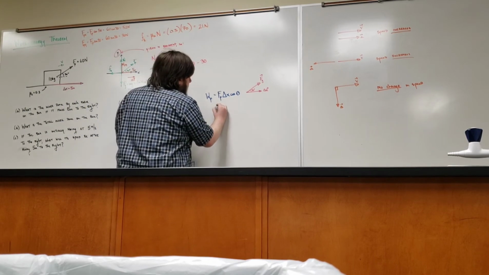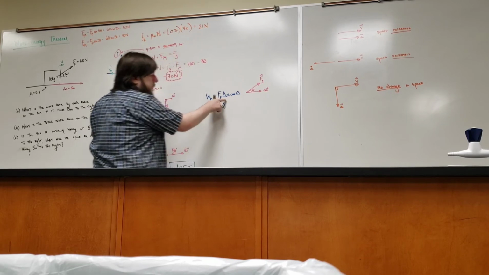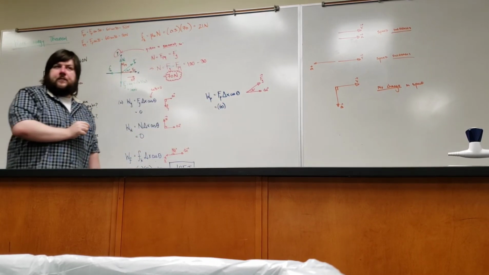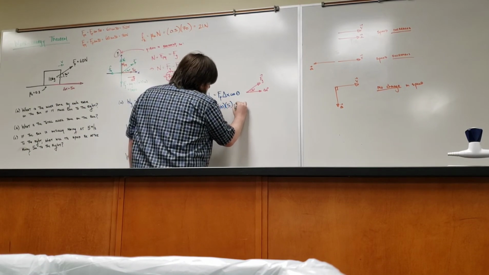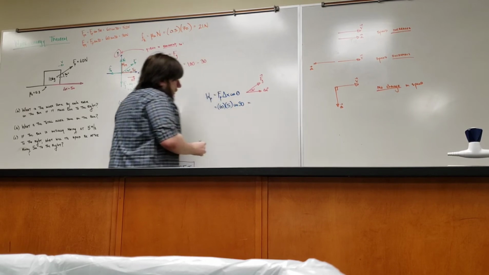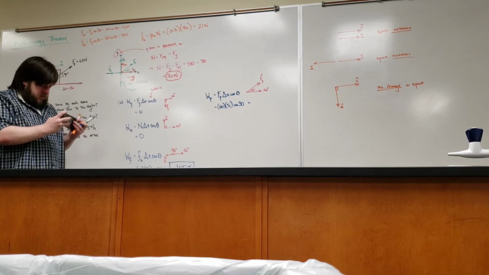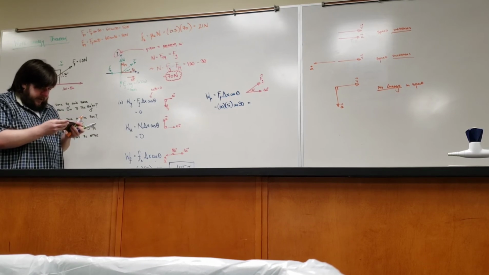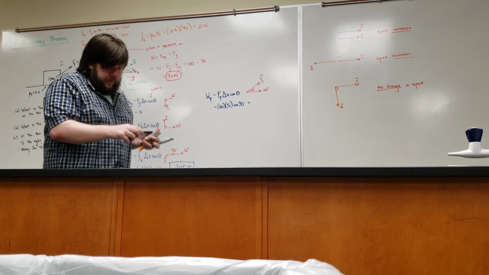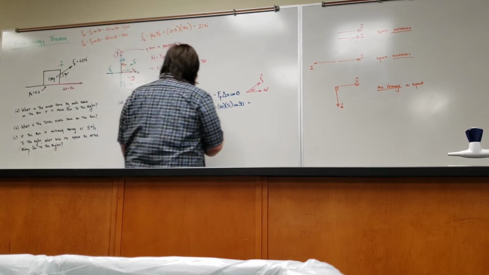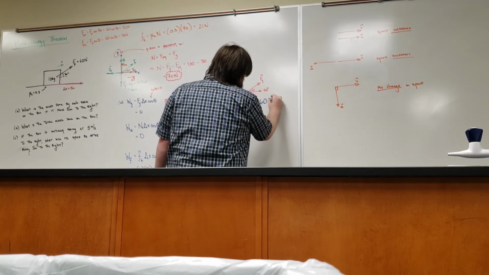The magnitude of the pulling force, I said, was 60 newtons. What was the displacement again? 5 meters. And cosine of 30. That's positive 260 joules.